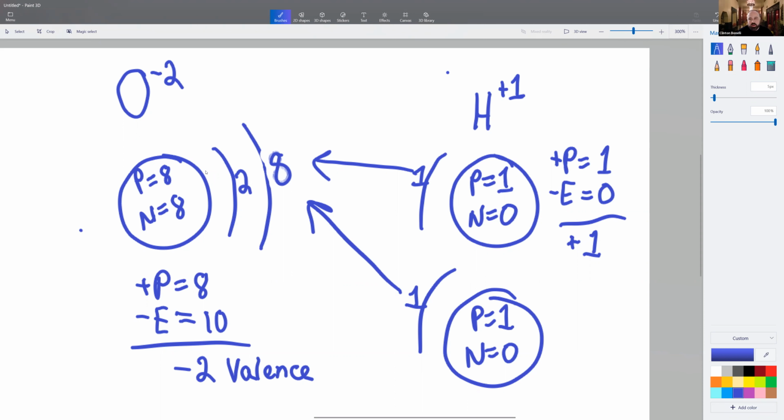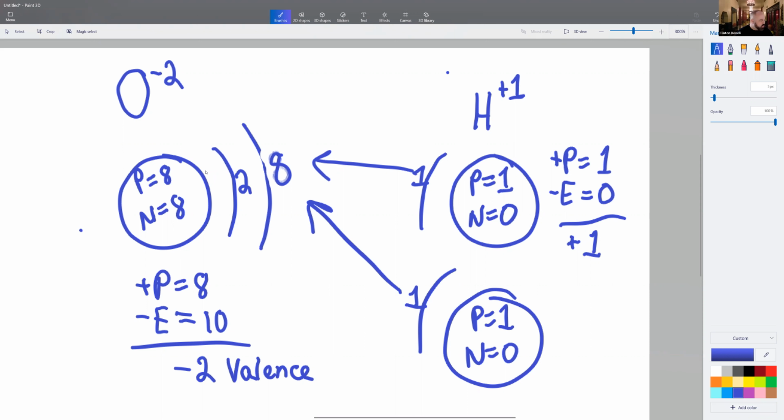The +1 for hydrogen indicates a surplus of 1 electron for hydrogen. So each hydrogen can contribute to oxygen's need for electrons. And it only takes 2 hydrogens to do that, because oxygen only needs 2 electrons, and each hydrogen has 1 electron to give up. So it just takes 2 hydrogens to satisfy that need.